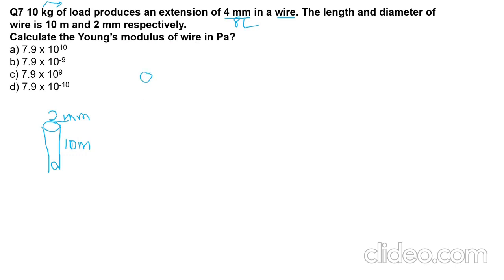You will use your stress strain relationship, which says that your stress is proportional to your strain, and you use a constant, the Young's modulus. So everything is given. What you have to find is this E. So this E will actually be a function of your stress and your strain.